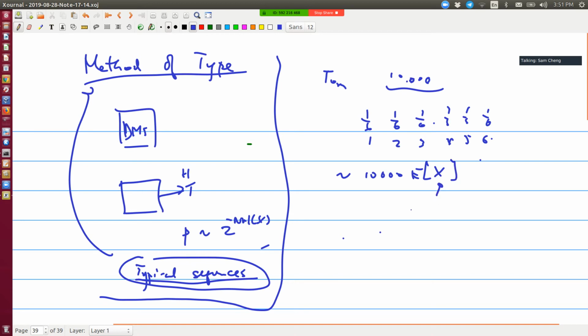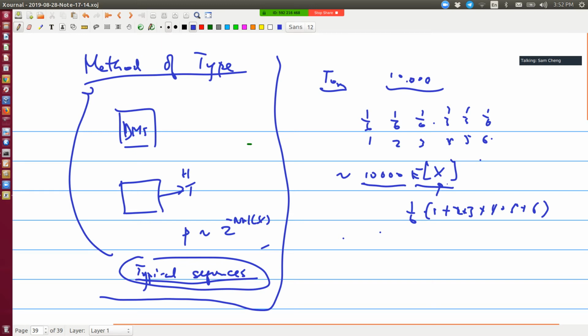So to find the total, if I throw the dice 10,000 times, what do you expect the total sum to be? The total sum will be equal to 10,000 times the expected value of each time you throw the dice, right?